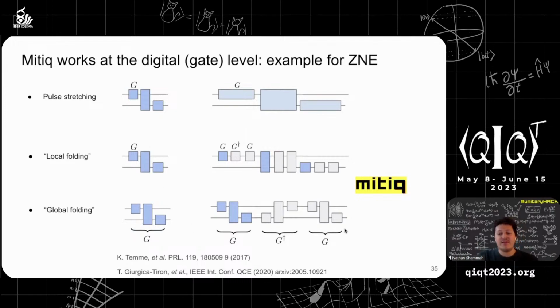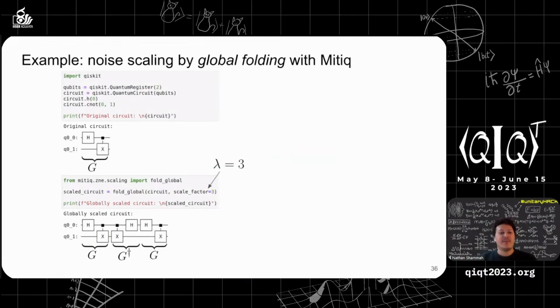the same applies here. So then, with these more sampling data points, one can obtain the zero noise expectation. So here you see really a couple of lines of code in which a Qiskit quantum circuit with an H gate and CNOT is then folded with a scale factor of 3.